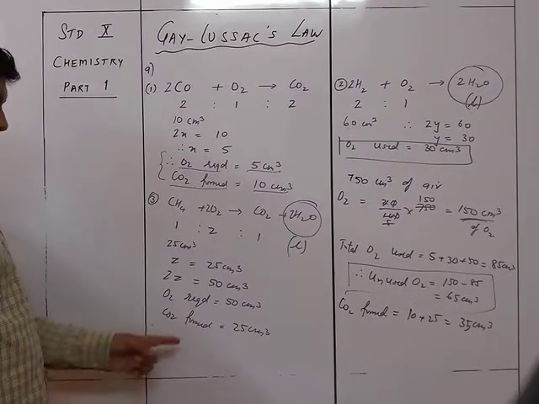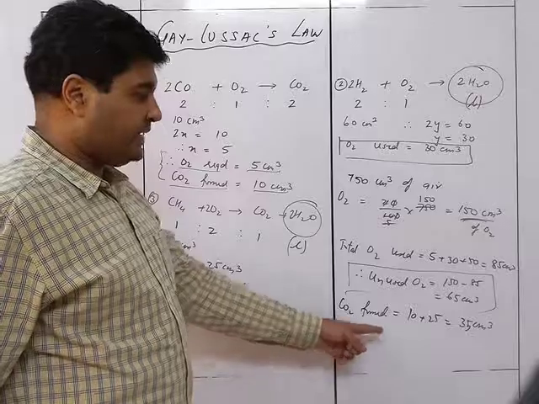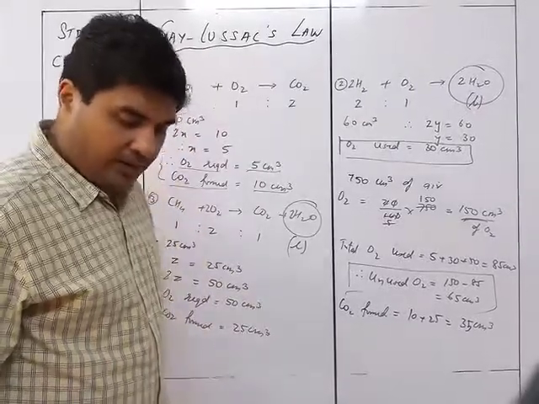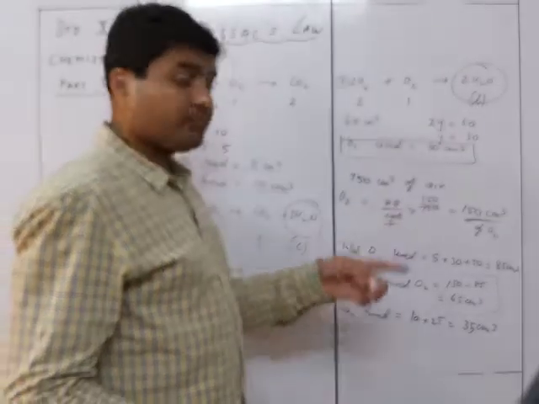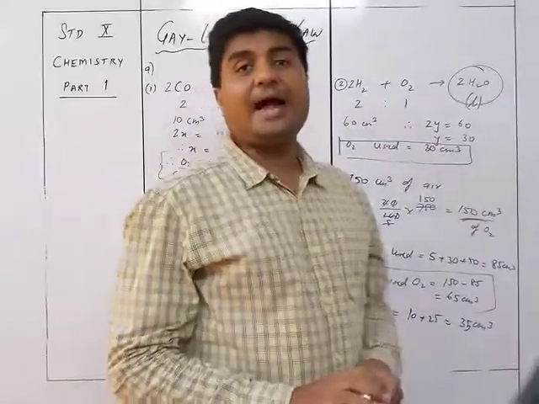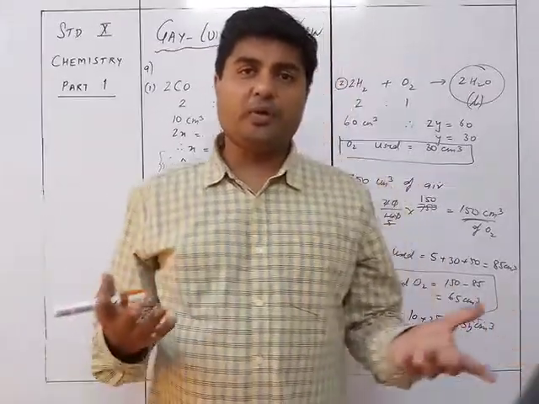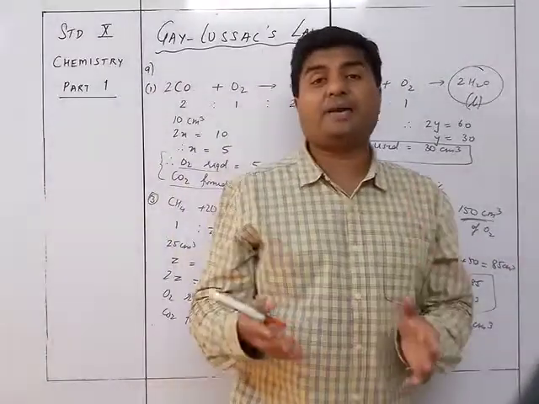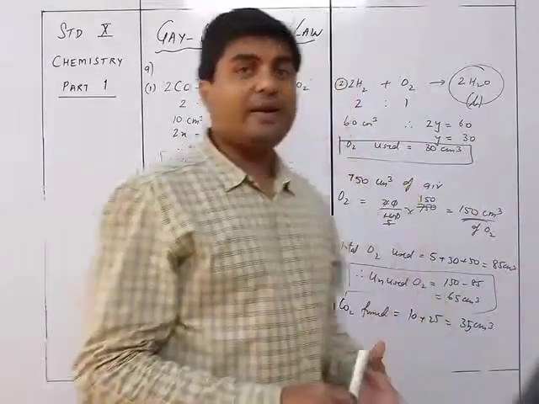So in the resultant, the first thing is oxygen, the second thing is carbon dioxide, 35 centimeter cube. Now apart from that, in the air, I am going to utilize only oxygen and the other parts are not going to be utilized, so that becomes part and parcel of the resultant balance. So what is the resultant balance?